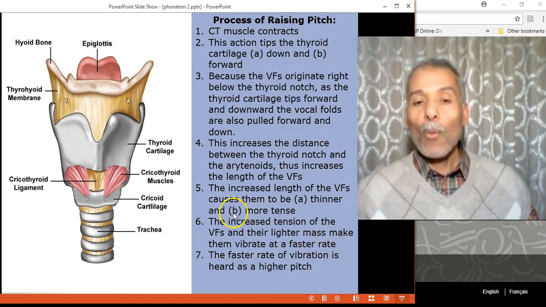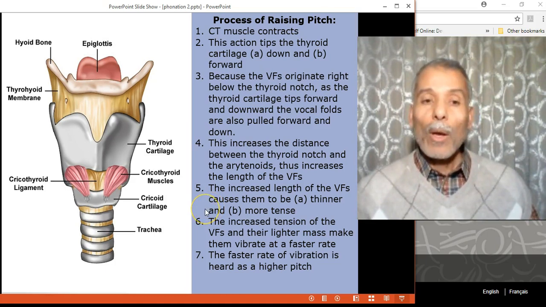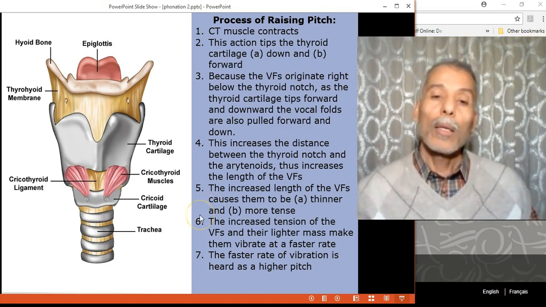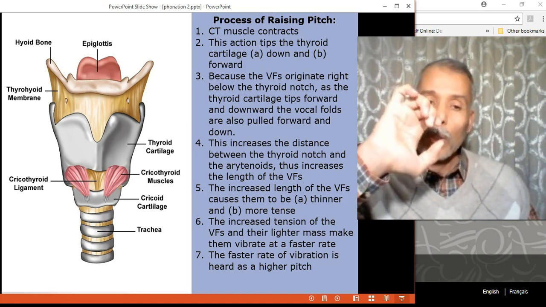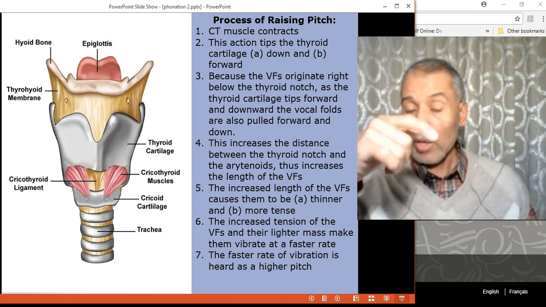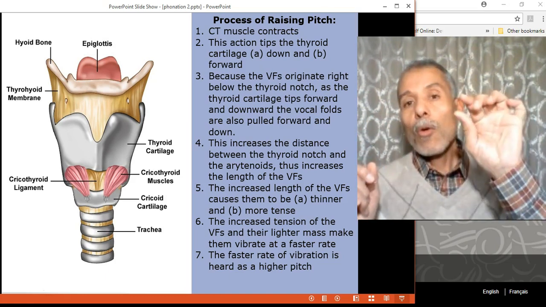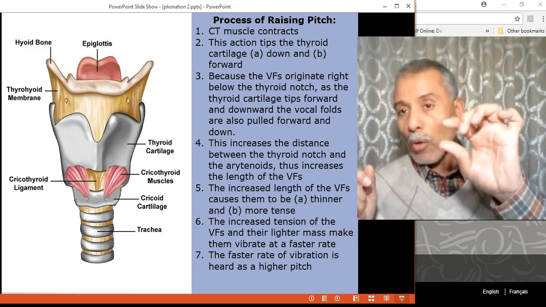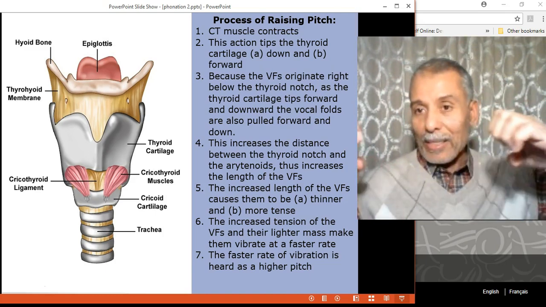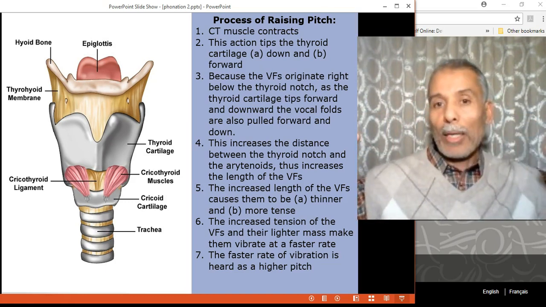And while this is the step that you are going to add, while the thyroid is being pulled forward and down by the cricothyroid muscle, the thyrovocalis segment of the vocal fold tenses itself, holds back, and is going to resist the pulling.